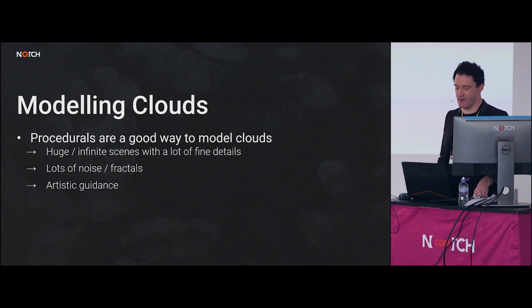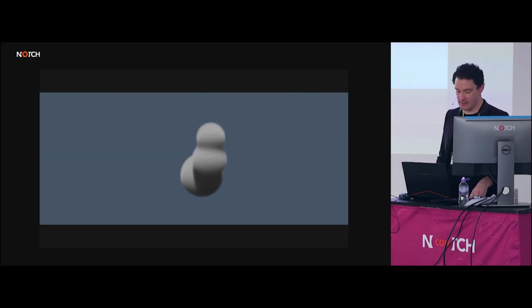So I'm going to show how I've done some cloud modeling in Notch. The first step is to take just some sphere primitives. I've got 3 spheres and combine them using smooth union, so you get this kind of blobby shape.